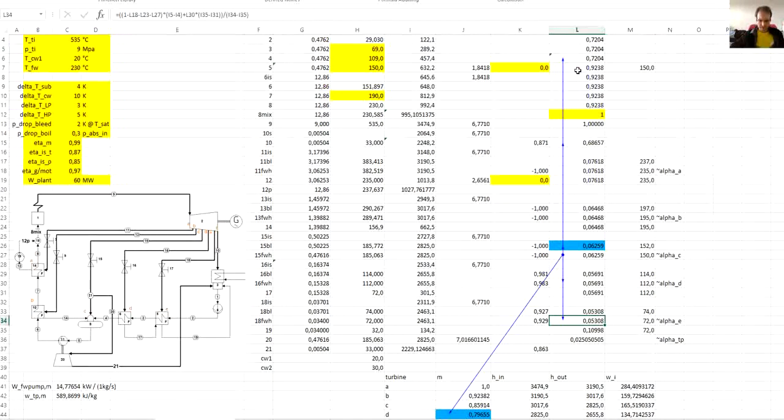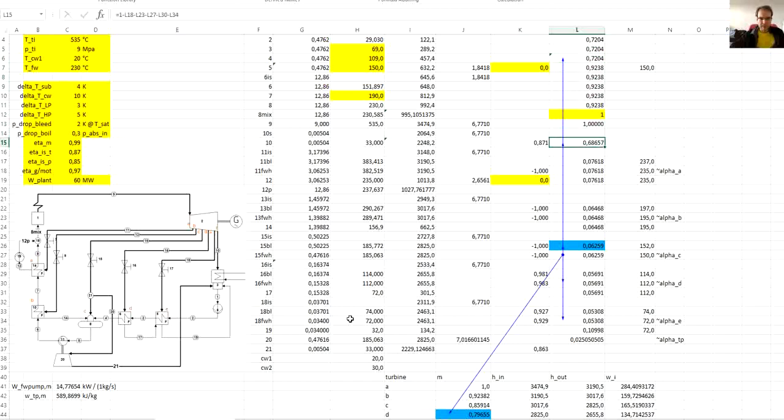So when we take it from the top, at the node or stream number 4, stream number 4 is this feedwater line going towards the aerator. So there it should be really referenced to the 15, just going to the feedwater heater, because the remaining steam goes to the condenser, condenses, and then goes with the main line.